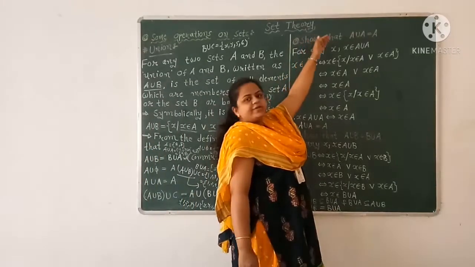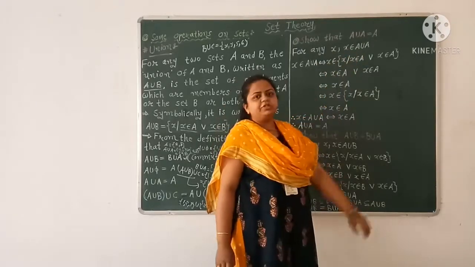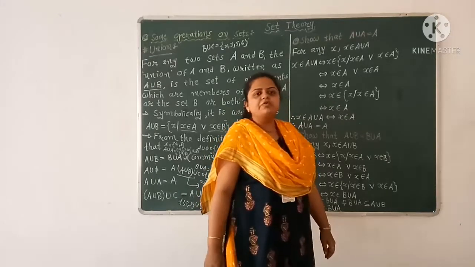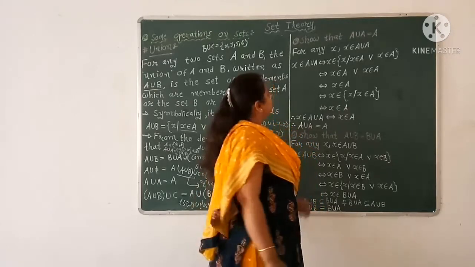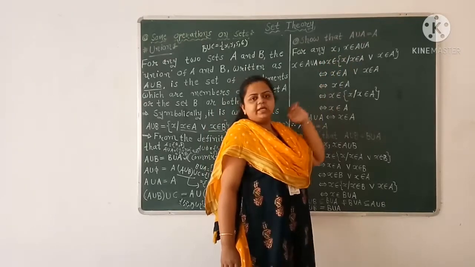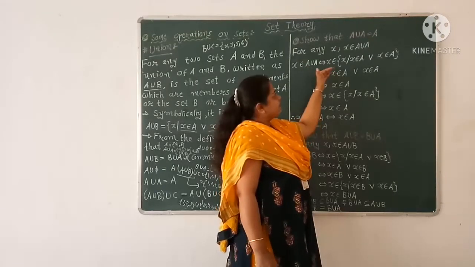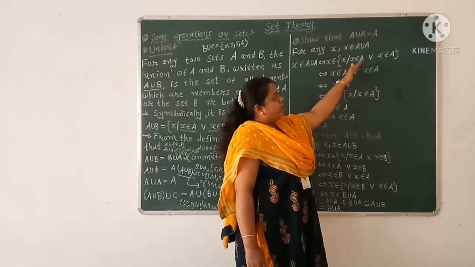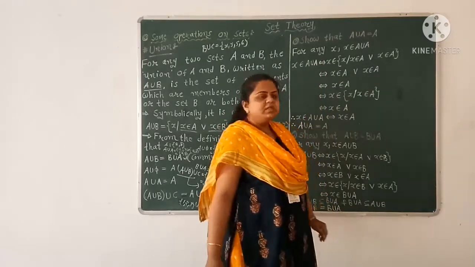Now, to prove that A union A is equal to A, we have to show that A union A is a subset of A and A is a subset of A union A. Now, take any x belonging to A union A. Then x belongs to A union A implies x belongs to the set of x where x belongs to A or x belongs to A, by the definition of union.